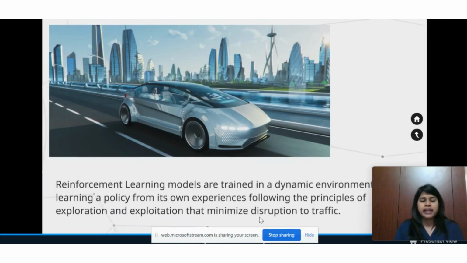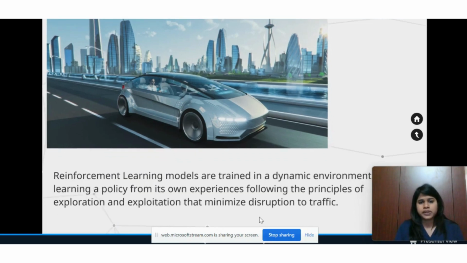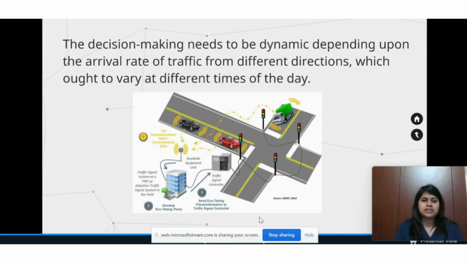It's actually trained to work in a dynamic environment, experiencing new things and learning new things. And it is also trying to minimize the traffic consequences.